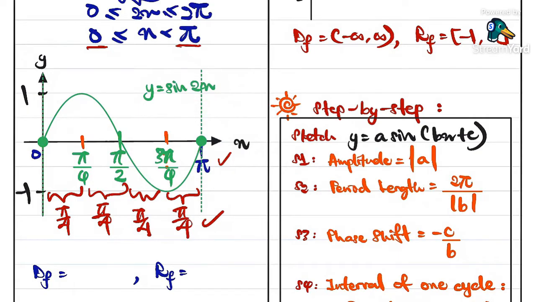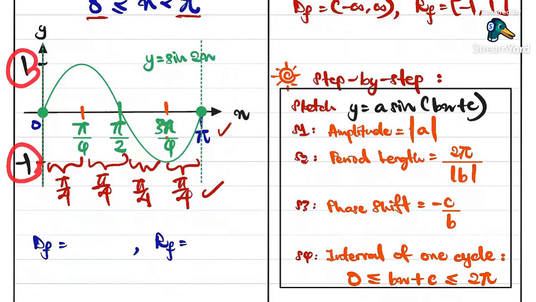Done. And don't forget its amplitude as well. And the last part is to find the domain and the range. So the domain is negative infinity until infinity. So please don't put the range from 0 to pi.